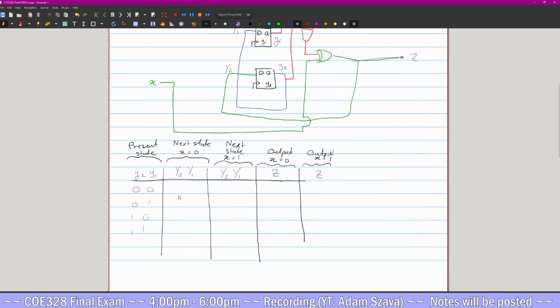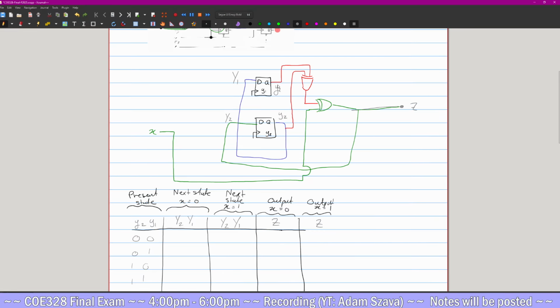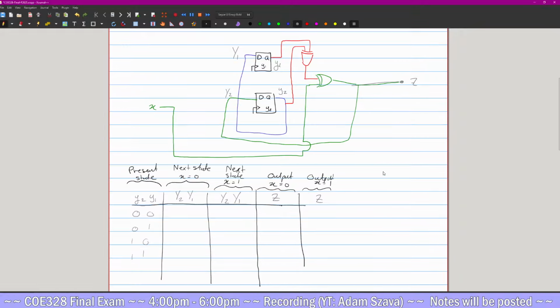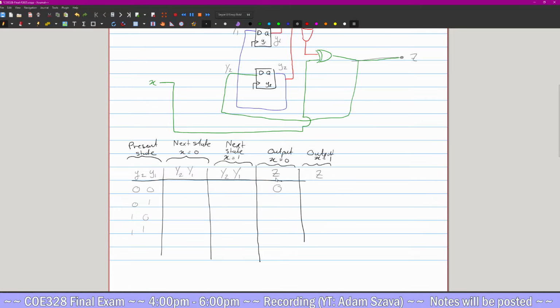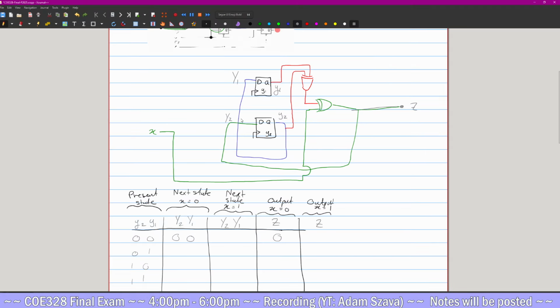Okay, let's follow through with what our next state is. Let's say everything's 0. This is 0, this is 0, X is 0. Following it through, Z is going to be 0, so this is a 0 here. Our next state is going to be 0 and also 0, so that's two zeros. One thing to note is that our Y2, the next state for the second variable, is just Z, the same as the output. And capital Y1 for the next state is just lowercase y2.